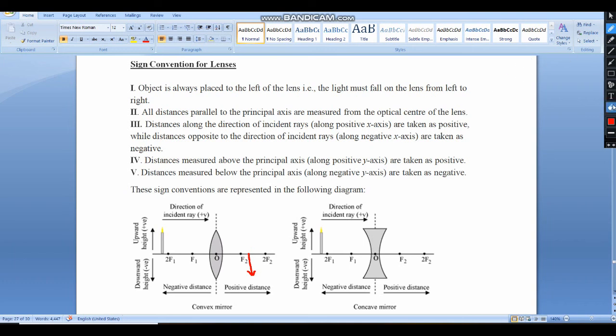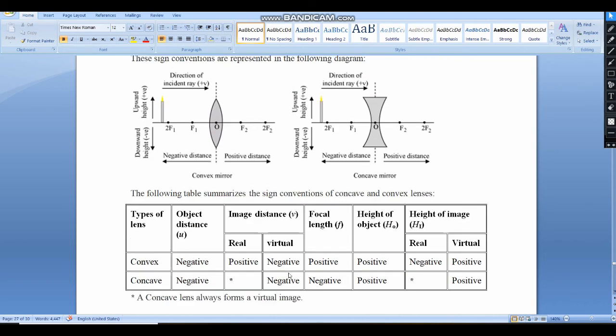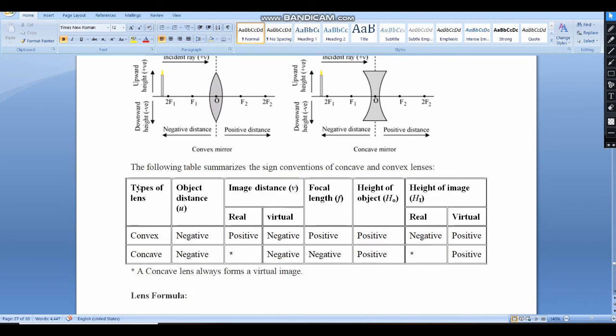Clear? Next, we have summarized. In case of a convex lens, object distance, generally denoted by u, is negative.